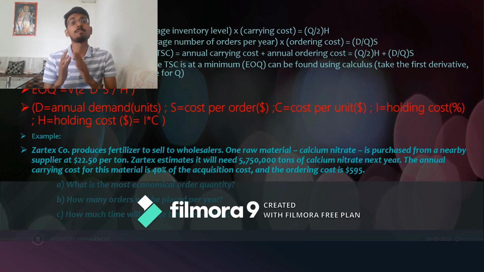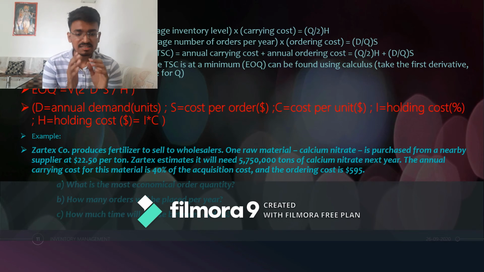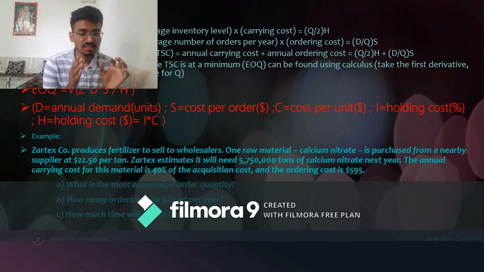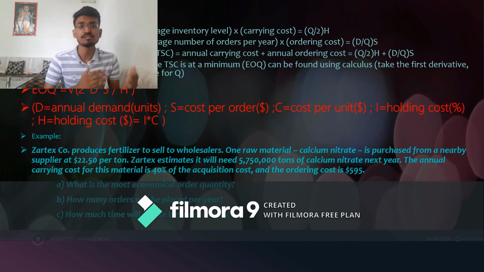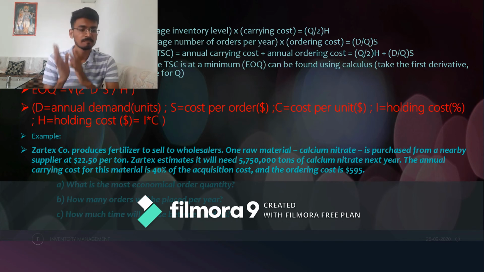It is the cost per unit, C. Next, Zartex estimates it will need 5.75 billion tons of calcium nitrate next year. So it is the annual demand, which equals D.